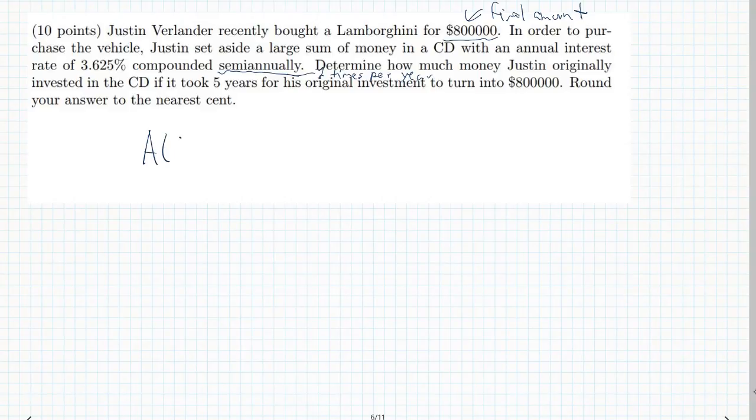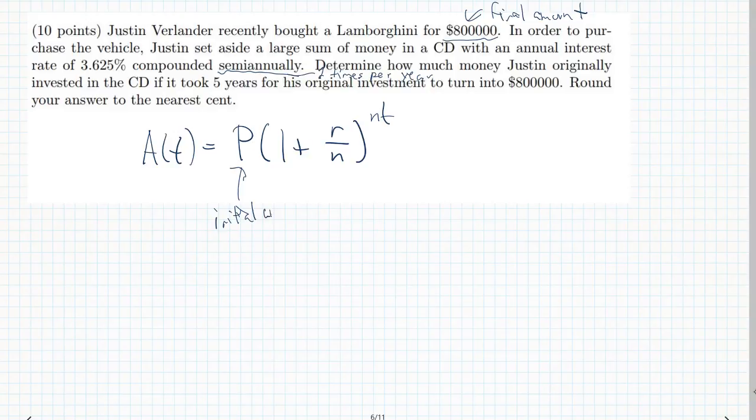So the formula goes something like this. And if you don't have them all written down, I'd strongly suggest just writing them down. They'll also be provided to you on the exam, but make sure you can distinguish between what these things stand for. So this P is the initial amount. R is the annual interest rate, and this is as a decimal. Keep that in mind.